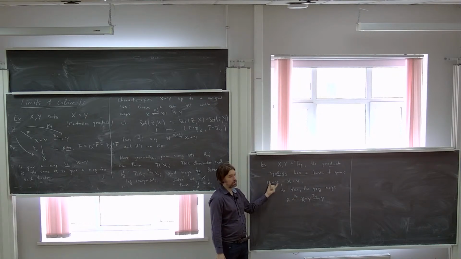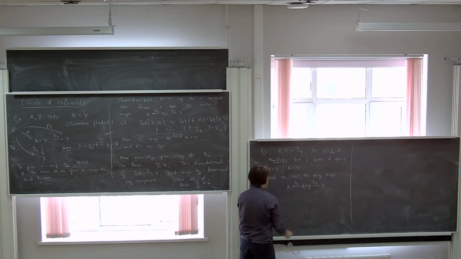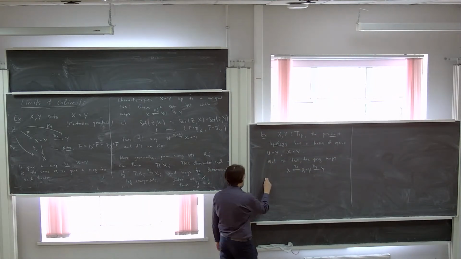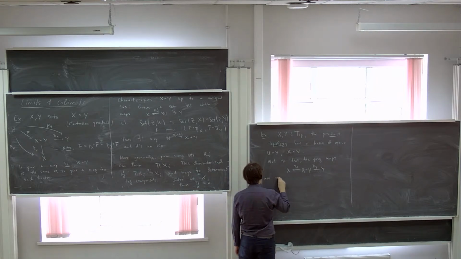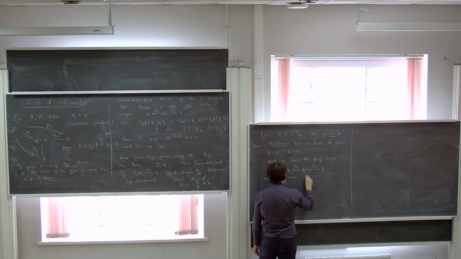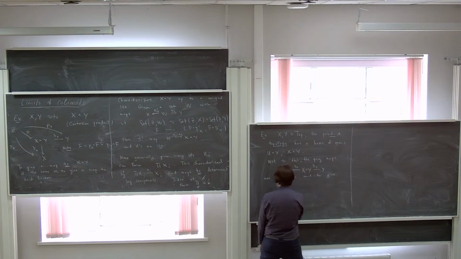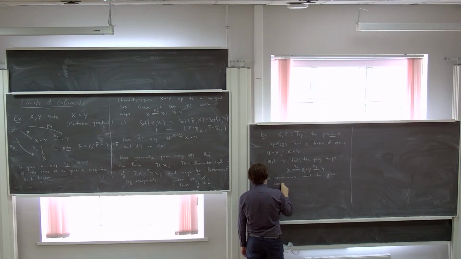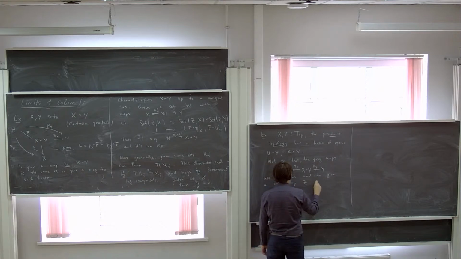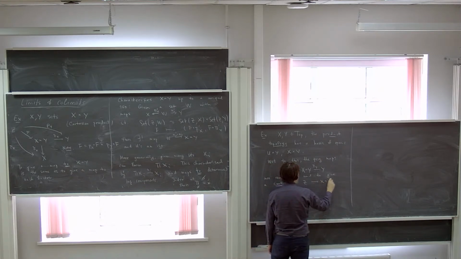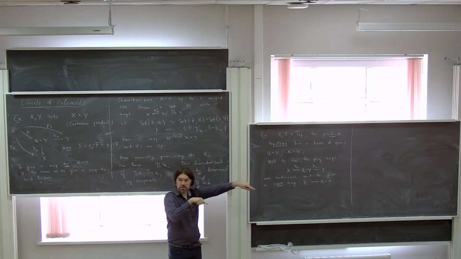So this has to be open if I want the projection to be continuous. And similarly here. So the projection maps are continuous. And to give a continuous map from another topological space to X cross Y is the same as to give continuous maps to each component.